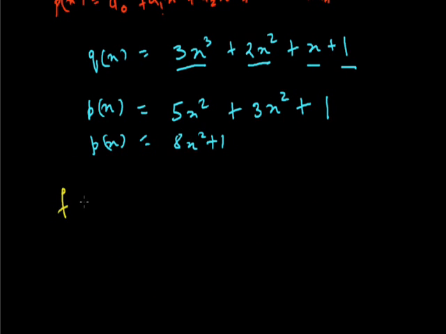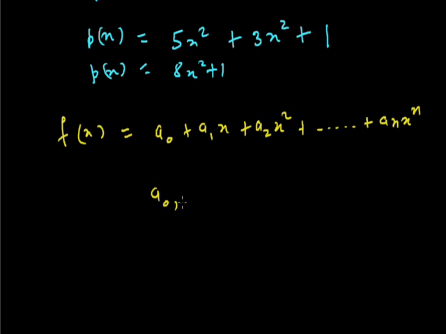In a polynomial f(x), where f(x) equals a0 plus a1x plus a2x square plus dash dash plus an x to the power n, a0, a1, a2, dash dash dash an, all these are real numbers and are known as the coefficients of polynomial f(x).